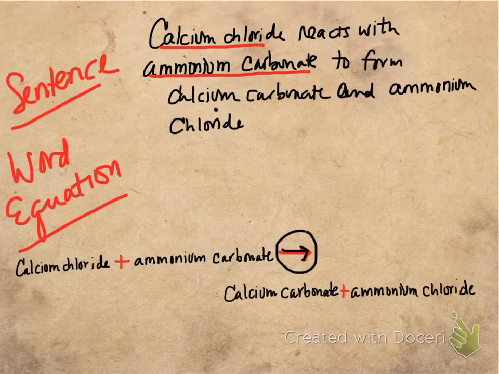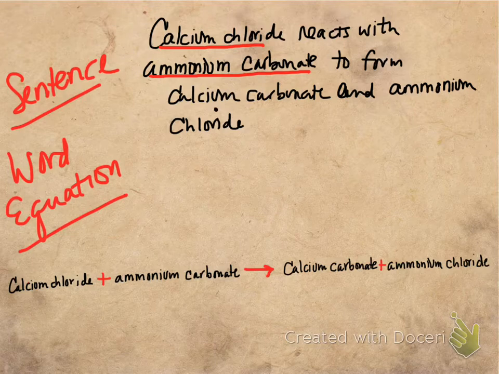And we've written both of the products, calcium carbonate and ammonium chloride, with a plus sign between them to indicate that both of these things have been formed. As best we can do in the space available, we now have a word equation for the sentence describing this reaction. And a few things to note.